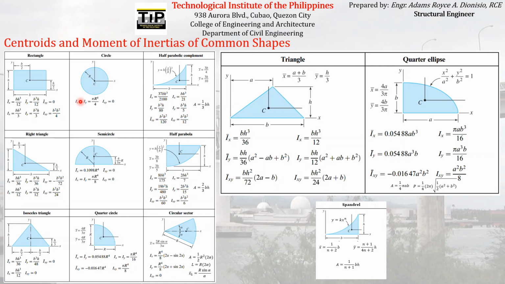Nandito na yung location ng centroid, nandito na yung moment of inertia ng different common shapes na to, nandito na rin yung area nila, yung mga hindi masyadong common. So, nandito na lahat. Technically, nandito na lahat. Yan. So, pwede nyo itong gawing reference sa buhay nyo, sa pag-aaral nyo ng civil engineering. Although kung may hindi man completed, kung may kulang man dito, edi ano na lang, i-supplement nyo na lang.